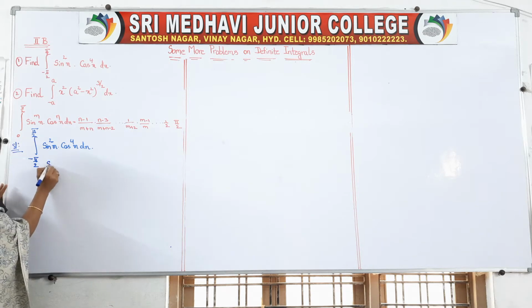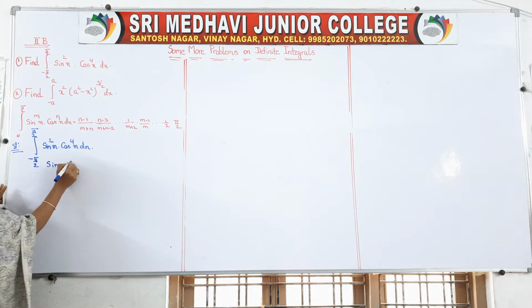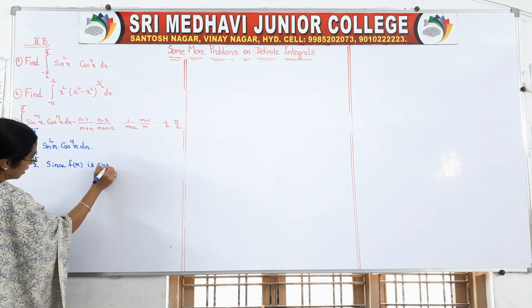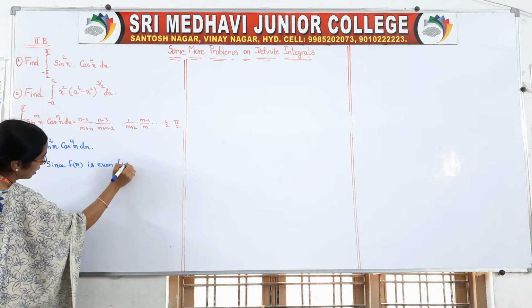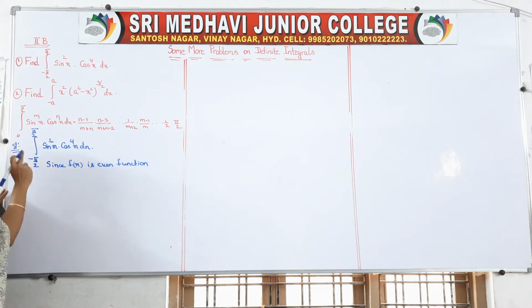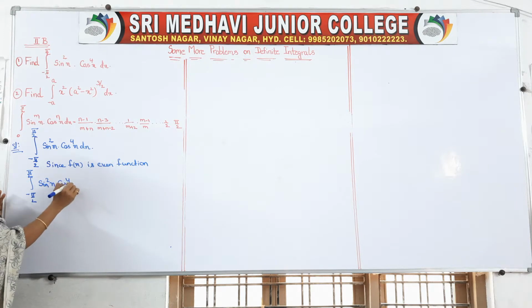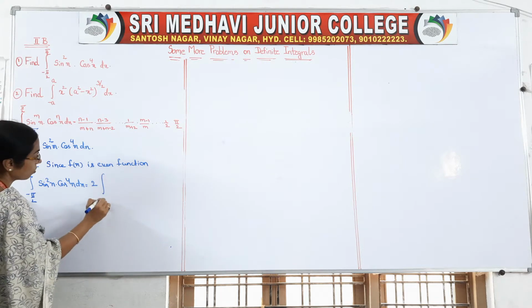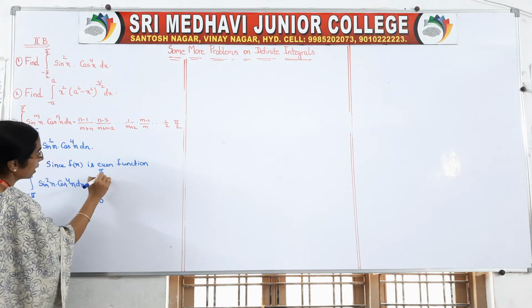Since f of x is an even function, we get the integral from minus pi by 2 to pi by 2 of sin square x cos to the power of 4 x dx equal to 2 times the integral from 0 to pi by 2.